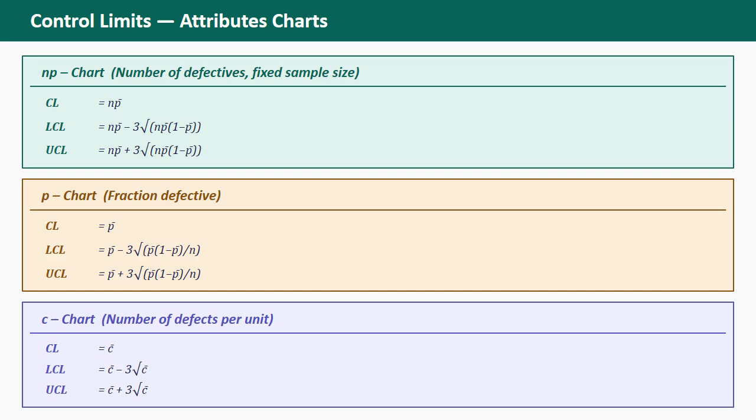While for the C chart, the central line is the average number of defects and the limits are based on the Poisson distribution. So in all these cases, we use 3 sigma limits, meaning plus or minus 3 standard deviations from the mean. This ensures that most of the data points fall within the limits if the process is under control. So if points fall outside these limits, it indicates an abnormal variation in the process.